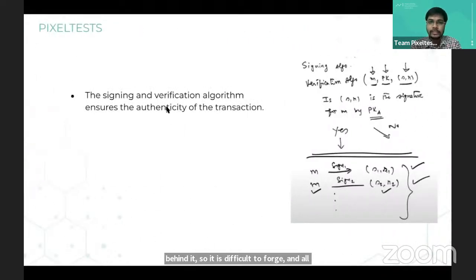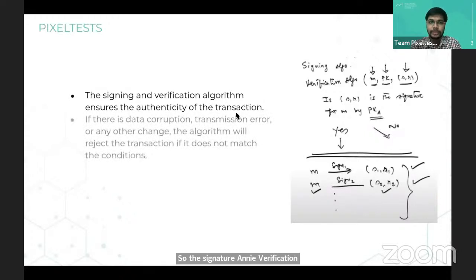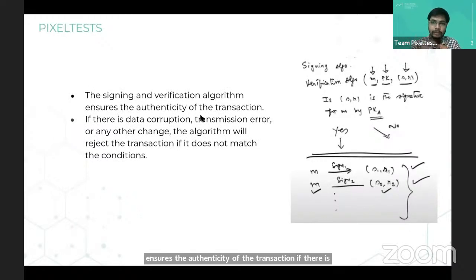The signature and the verification algorithm ensure the authenticity of the transaction. If there is data corruption, for example, if somebody says, I have also sent the same 1 Bitcoin to another person, it will easily check if that particular person is the right owner for this.